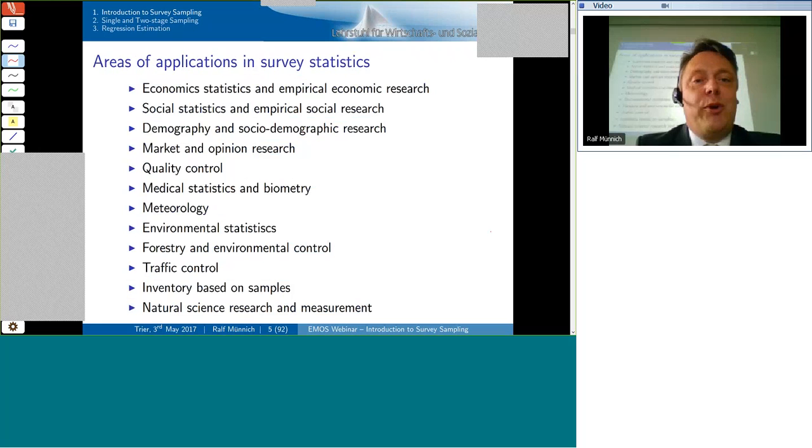Certainly, there are quite a few applications all over. We are more focused on economic statistics, empirical economic research, sociology, demography, market and opinion research, and quality control. You see many different areas, and official statistics covers most of them, but there are also other areas which might have different ideas of sampling.